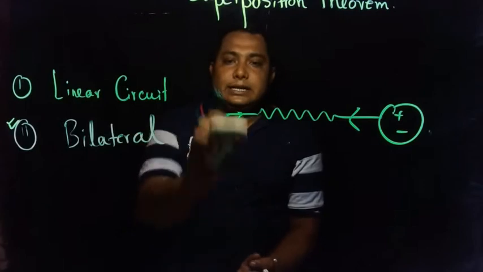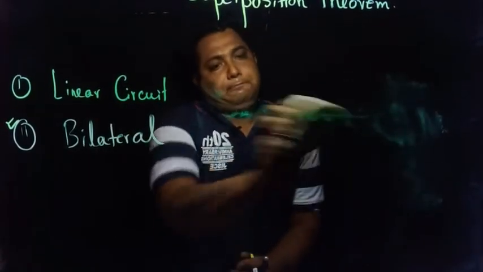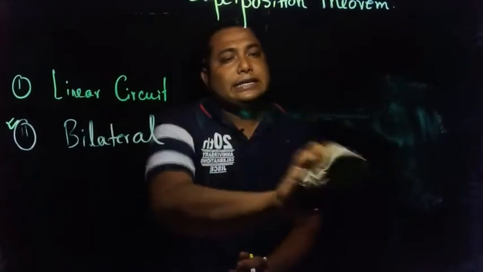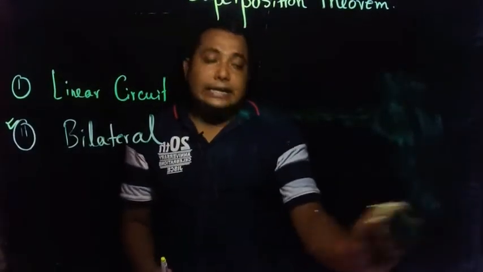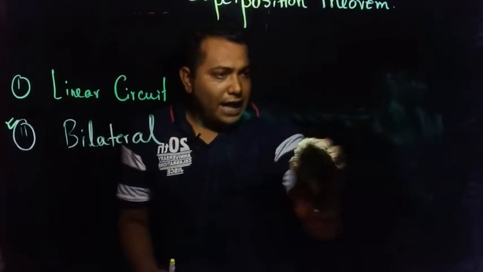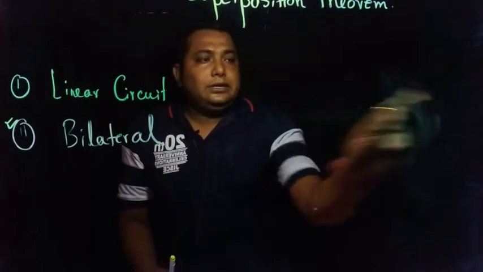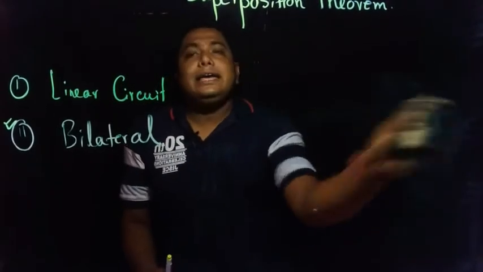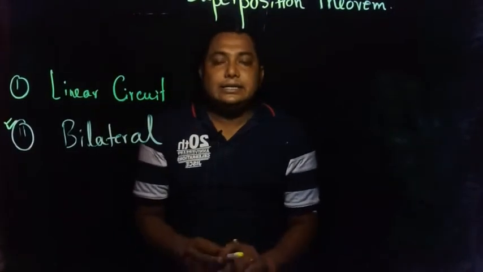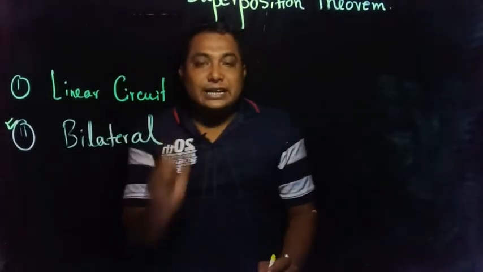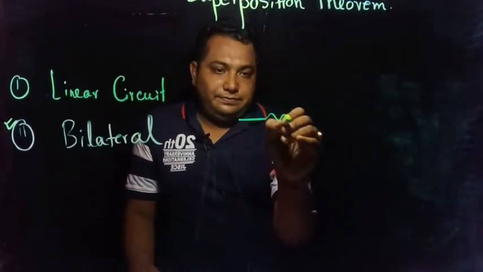Next point is the linear circuit. What is a linear circuit? To understand this, first we have to understand what a linear element is. As per definition, an element which has a linear VI characteristic is known as a linear element. Say again consider our resistor.